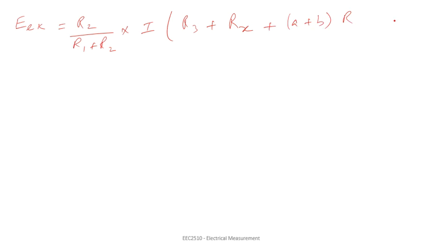So what you will get is E_LK equals R2 over R1 plus R2 times I. Whatever you have obtained for this E, you can just put it here in equation number 2. So I am writing it down here.